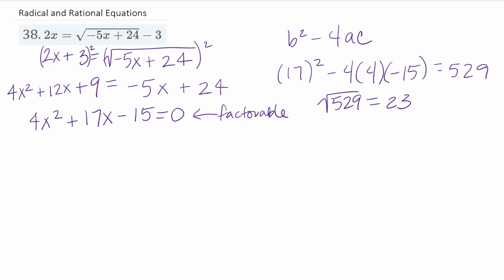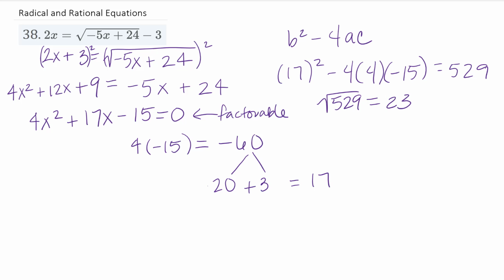If I wanted to factor this, I'm going to use my AC method by multiplying 4 times negative 15. That gives you negative 60. I would like two factors of negative 60 that also add to give me 17, which is my b number in my equation. So figuring out some numbers, 20 times 3 gives you 60.